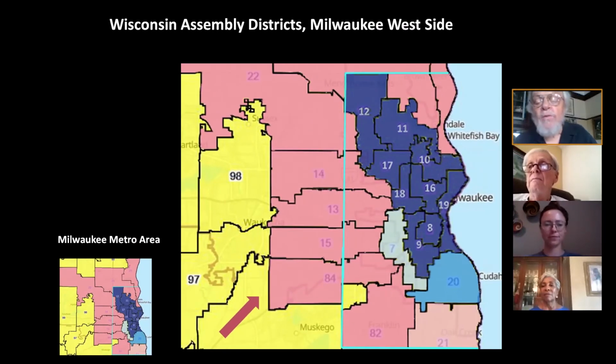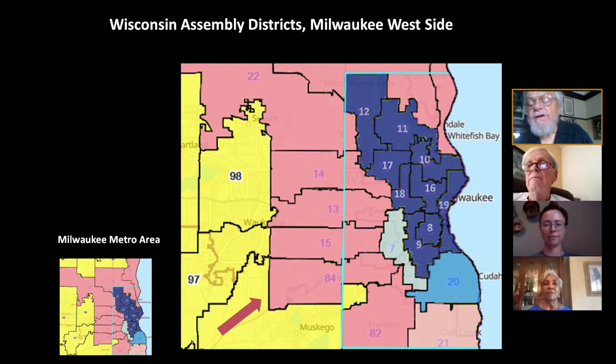There we are, and I hope you can read the district numbers. But I want to focus on those 5 districts on the west side of Milwaukee and into Waukesha County that go basically from east to west.